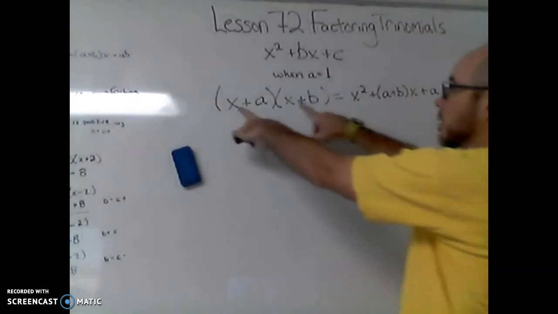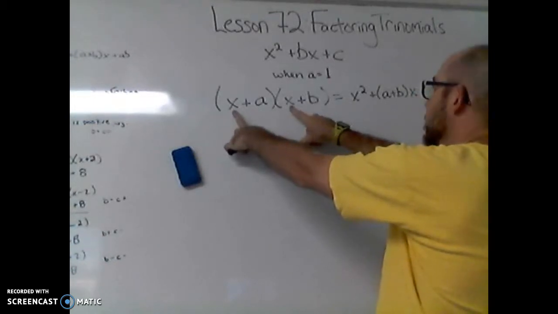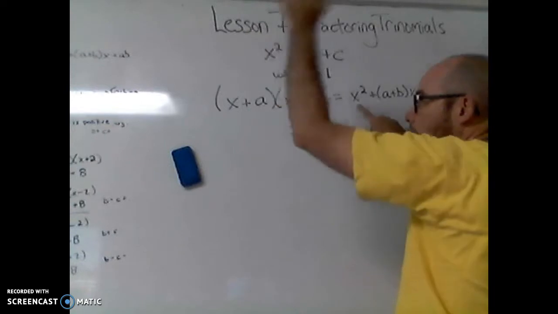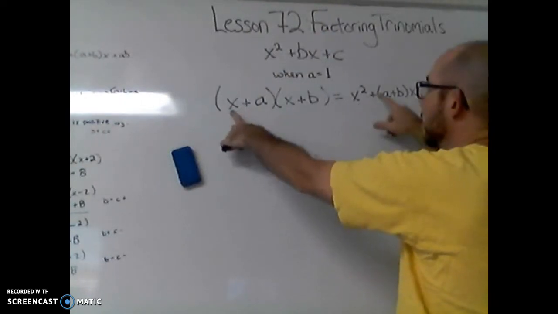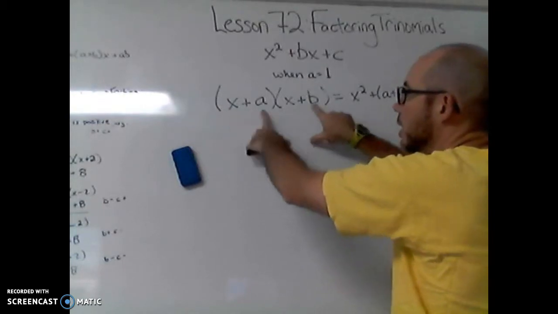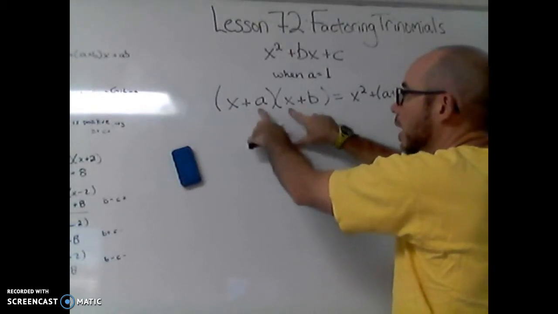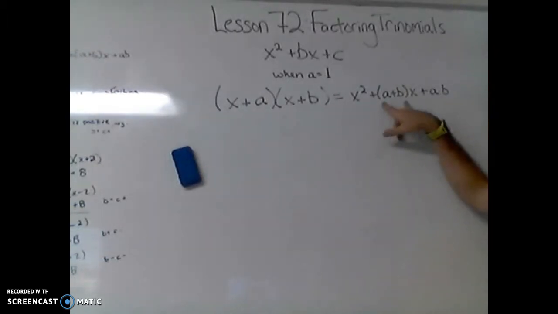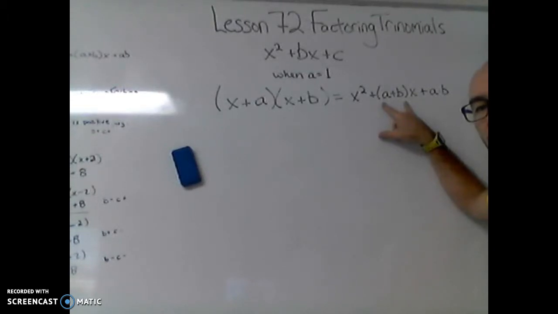What happens is that, of course, we set up like this. x times x is always going to be x squared, and we had no number in the front except for an imaginary 1. In the middle, you go outside, you get the x times the b, and then the inside you get the x times the a. So they both are times x, so we can factor out that sum, a plus b, and just have one number.